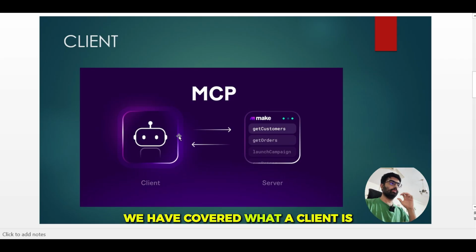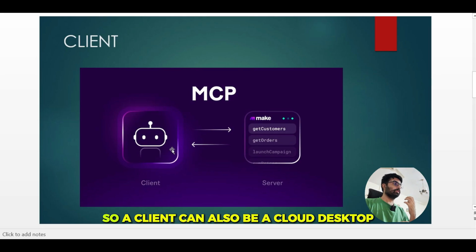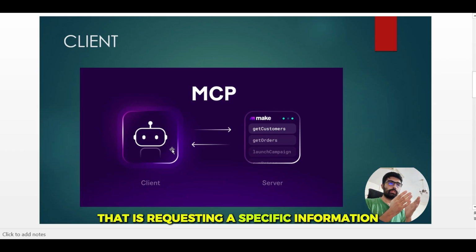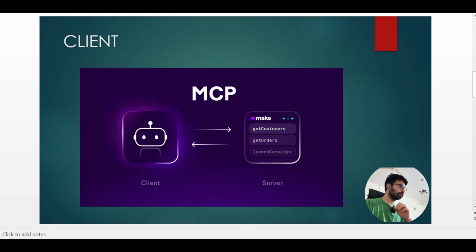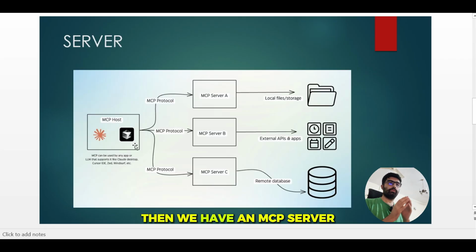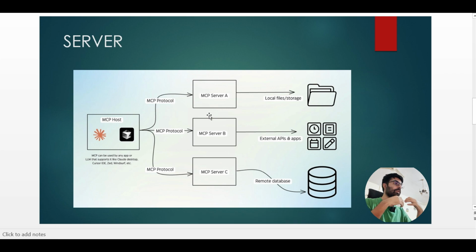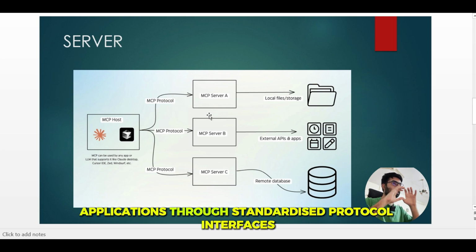We have covered what a client is. A client can also be Claude Desktop, your IDE, or a large language model that is requesting specific information from a server. Then we have an MCP server, which is usually a different program that exposes specific capabilities to AI applications through standardized protocol interfaces.